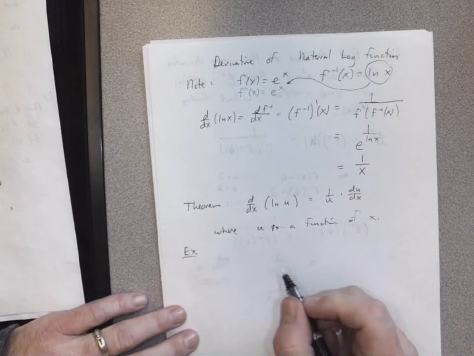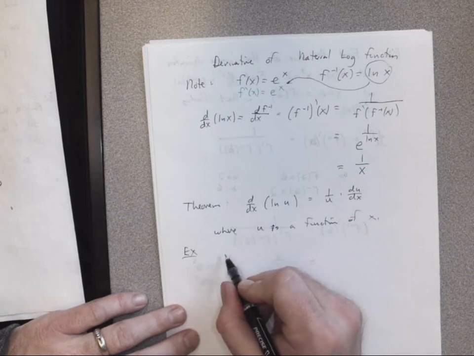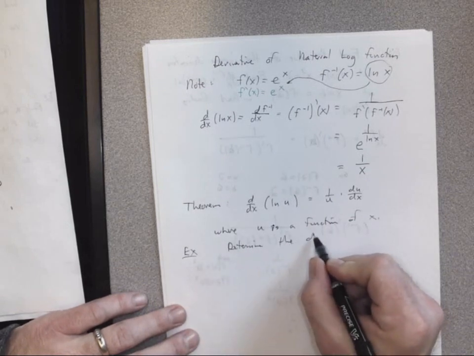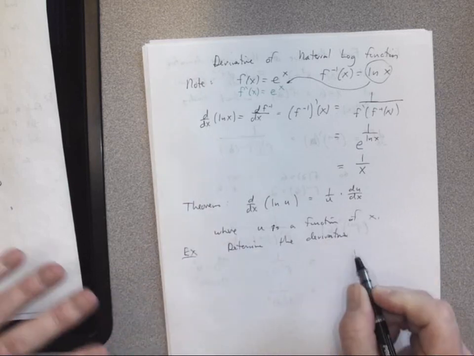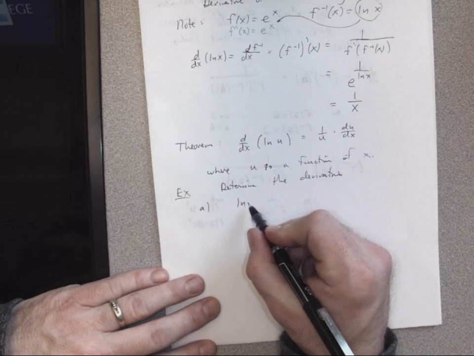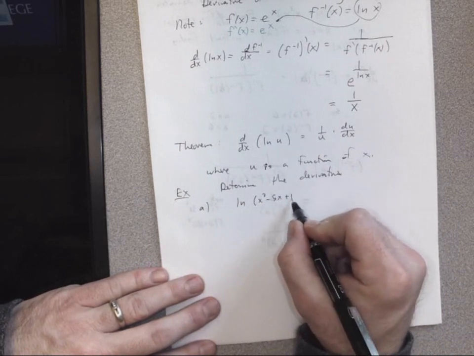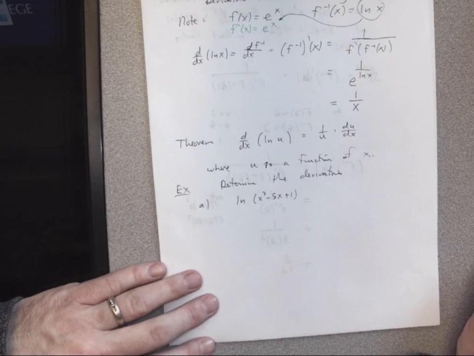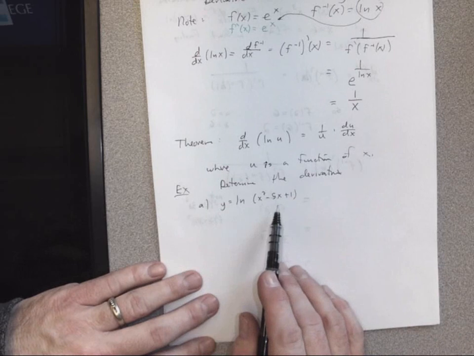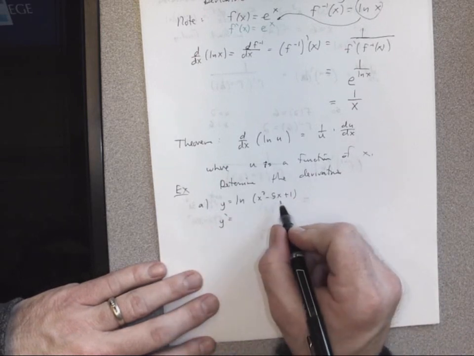So a quick example: determine the derivative if I have the natural log of x squared minus 5x plus 1. So y is equal to this, and if I want to find y prime, what I know is that y prime is the derivative of the natural log function.